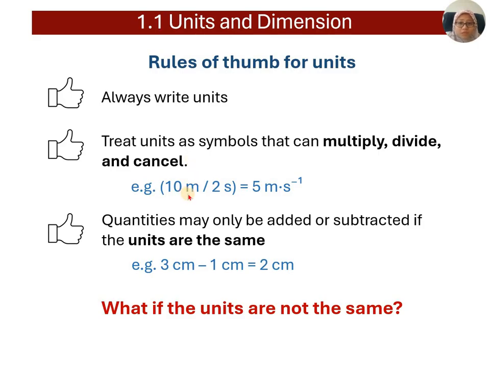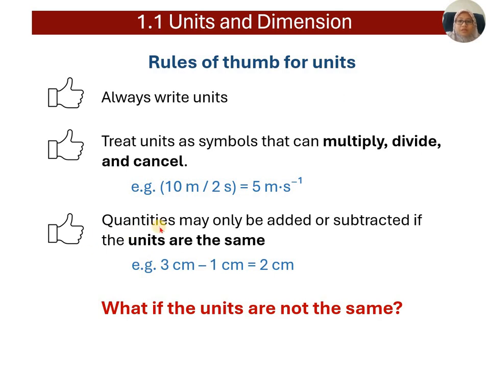So treat units similarly to the symbols that you already learned before. For example, 10 m over 2 s is equal to 5 m over s. So m, meter, and s, second, you treat as symbols, so they don't disappear in any part of the equation.